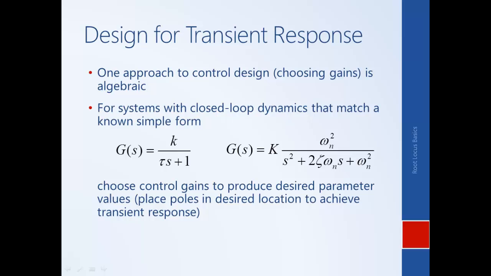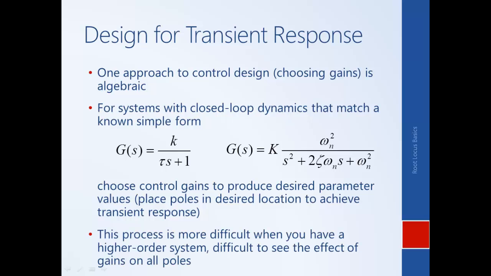When we have a higher order system, that is a third, fourth, fifth order system that doesn't have these simple canonical forms, then it's much more difficult to design the controller. We don't have precise relationships that we've derived for capturing the speed or the overshoot of a system.